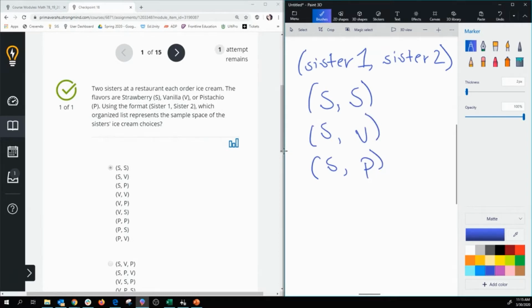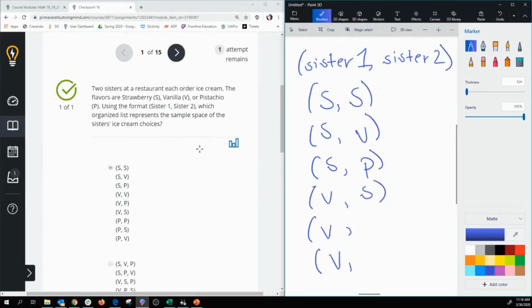Say sister 1 only wanted vanilla. If sister 1 only wanted vanilla, what options could sister 2 pick? Strawberry, vanilla, and pistachio. Perfect. Yep.